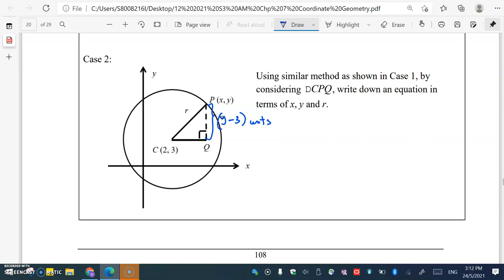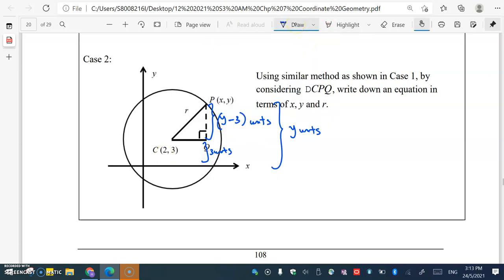Why 3 units? Because we know that the distance here is 3 units, and the whole distance is Y units based on the coordinates written for P and for C.